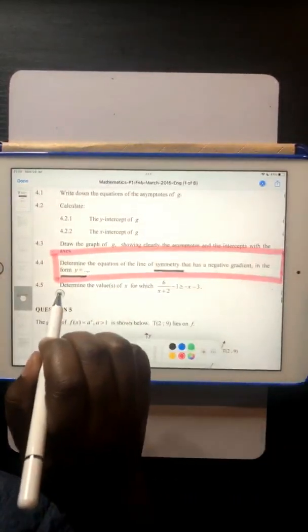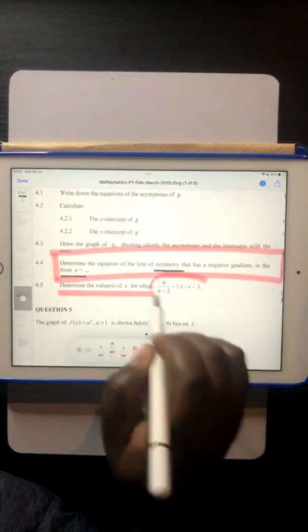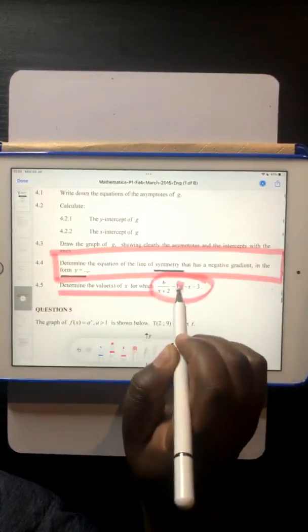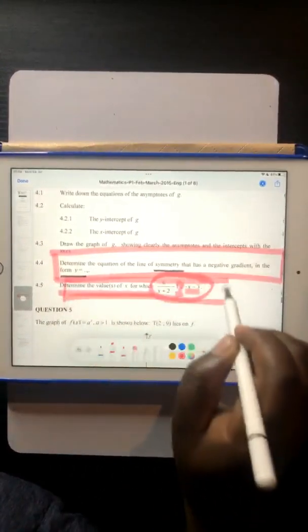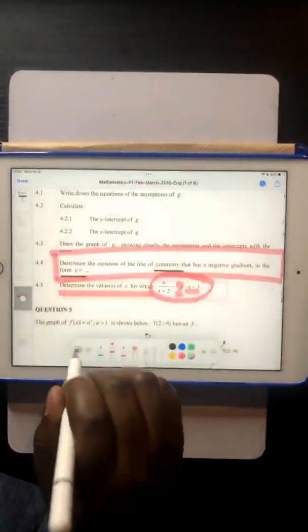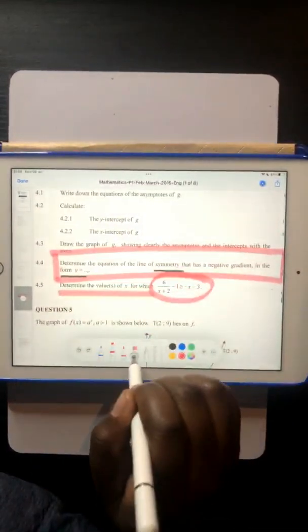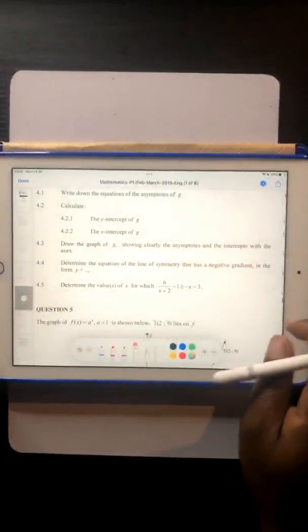So here they say determine the value or values of x for which this is greater than or equal to that. You can only easily answer this question after you've done your sketch correctly. So I won't go into that, but I'll leave it for when we do this question paper. Can you guys see that almost everything that we discussed is actually there on that question paper, and you just score yourself 13 marks.